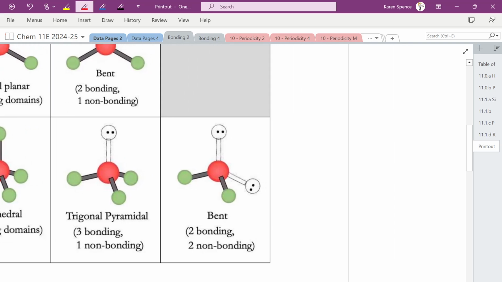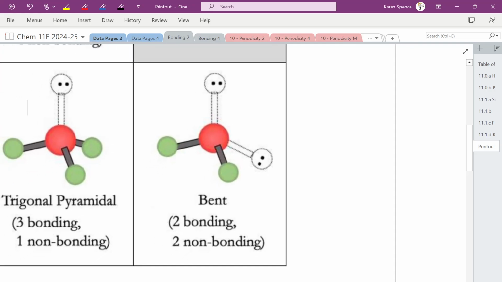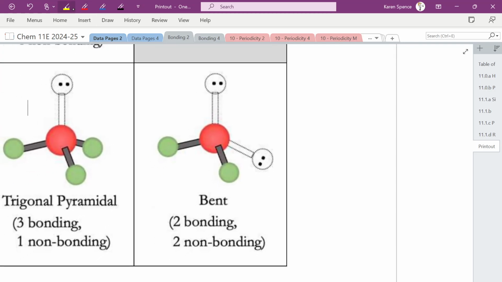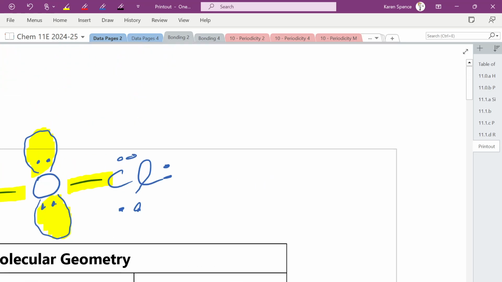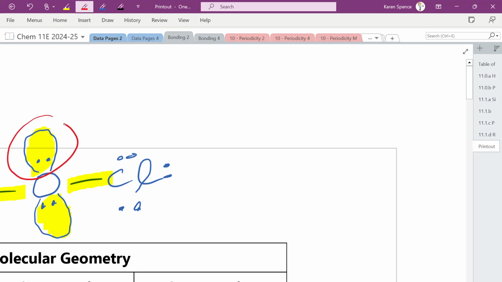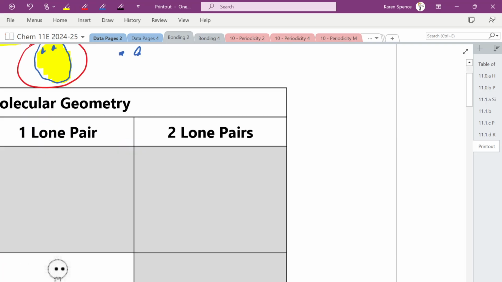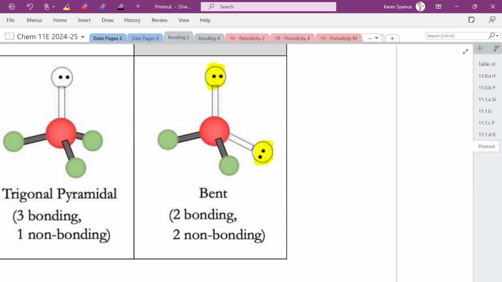Okay. So we have one where we have 2 lone pairs. So if we look at our structure, 2 lone pairs here and here. So although the electron geometry is tetrahedral, what is the molecular geometry?